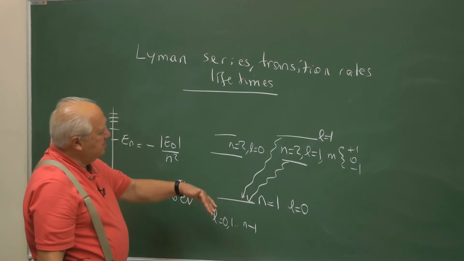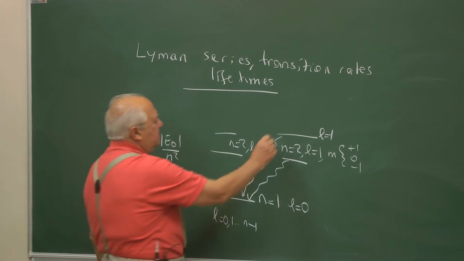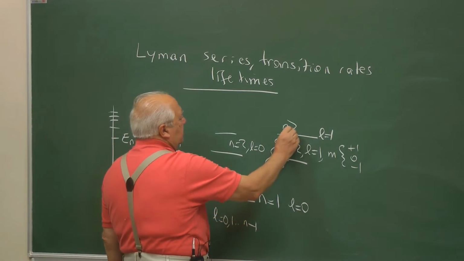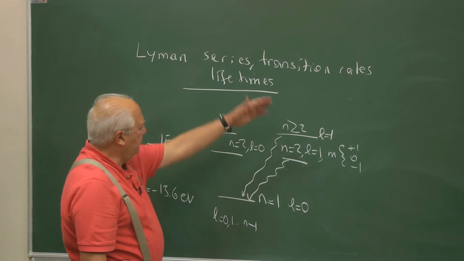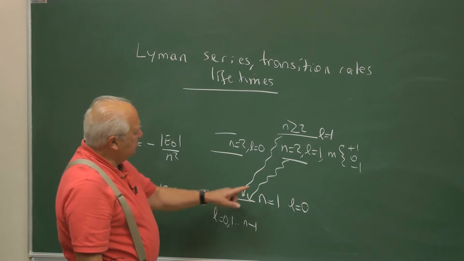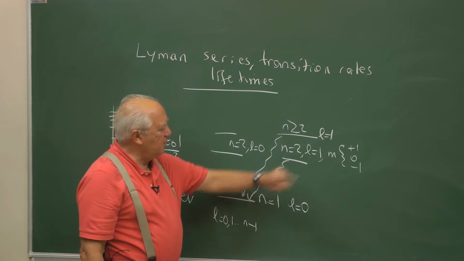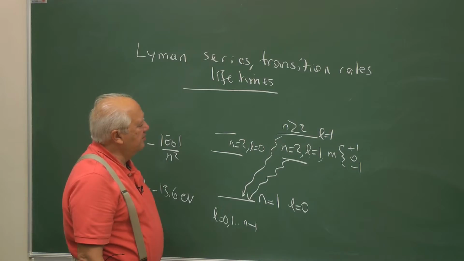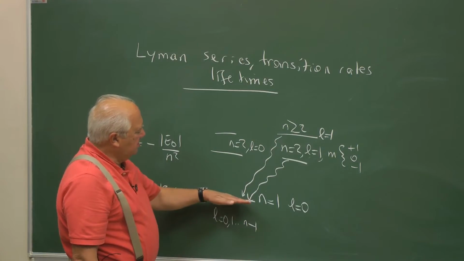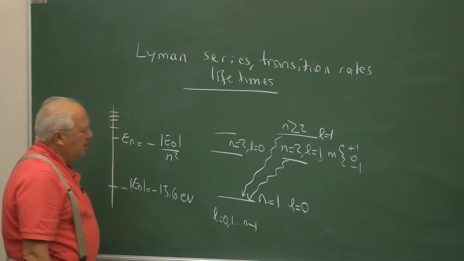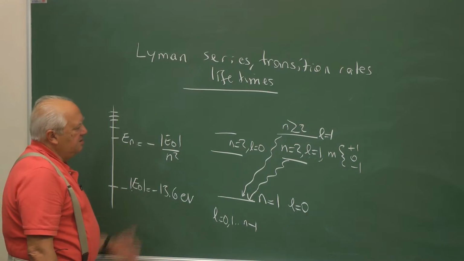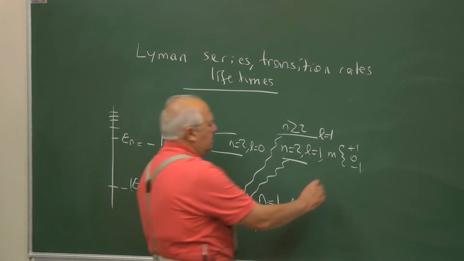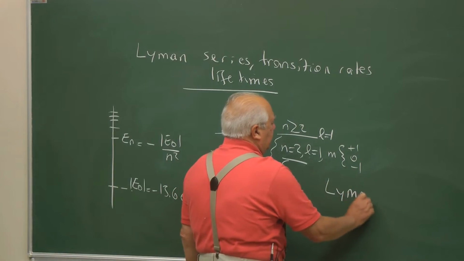So these transitions from n larger than or equal to 2, in this case n equals 2, here it's 3 and 4, etc., radiate a photon from the L equals 1 level, and the atom is de-excited to the n equals 1, L equals 0 ground state. These transitions are called Lyman transitions.